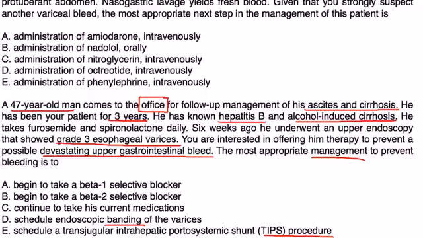And that essentially is the first line treatment, other than the octreotide, which was mentioned in the previous question. The rubber bands that are placed around these enlarged veins help to cut off the blood flow and help prevent the devastating upper GI bleed that you are most likely worried about him developing. So that would be choice D.